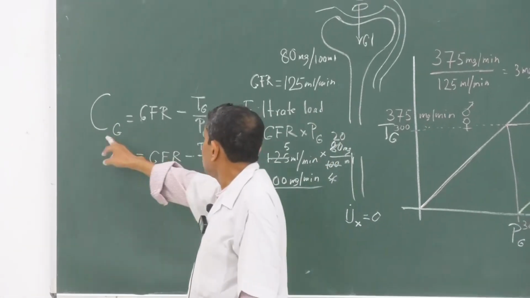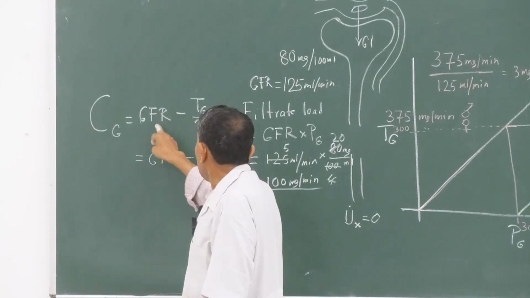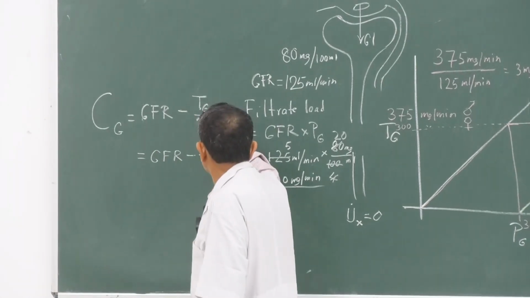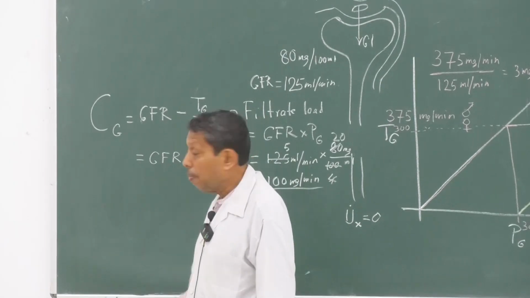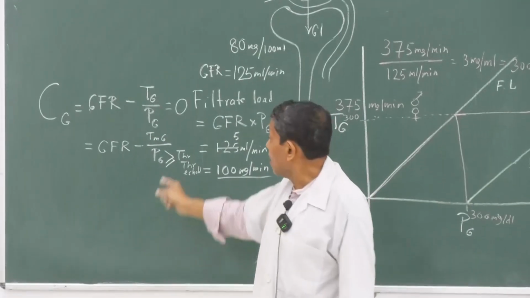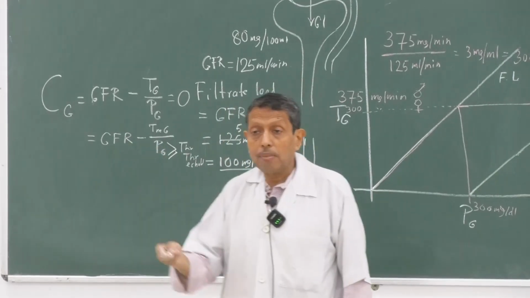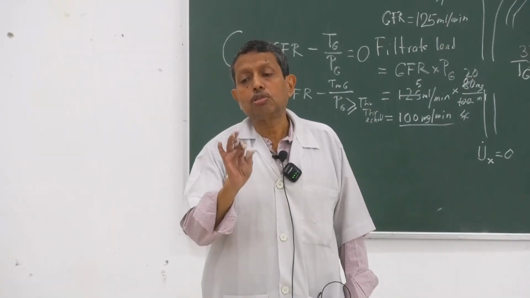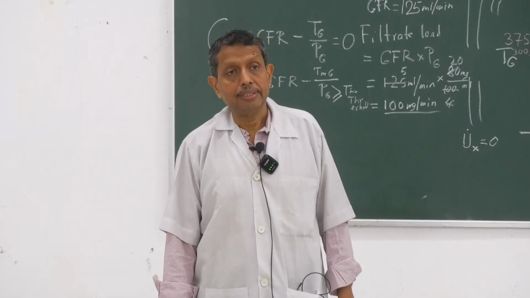GFR into Pg minus Tg, the Tg is equal to this value, it becomes 0 normally. But it goes on increasing whenever it reaches the threshold value and even more, and then there will be more and more present in the urine and clearance will rise. And theoretically it should touch, but that does not touch. And it is called asymptotically.